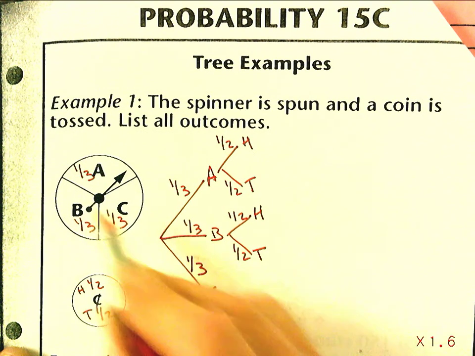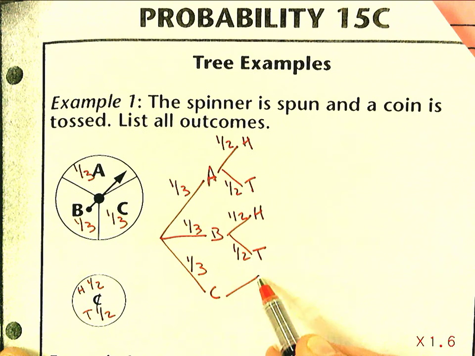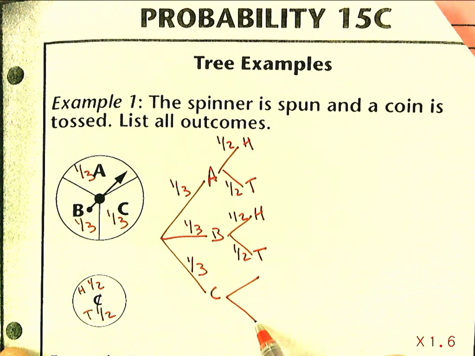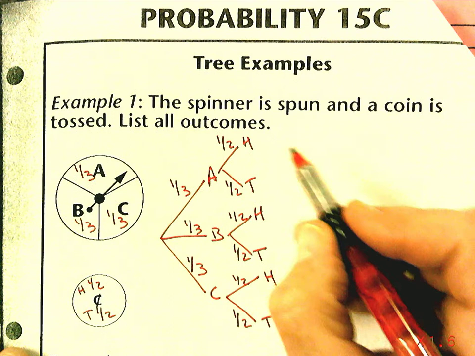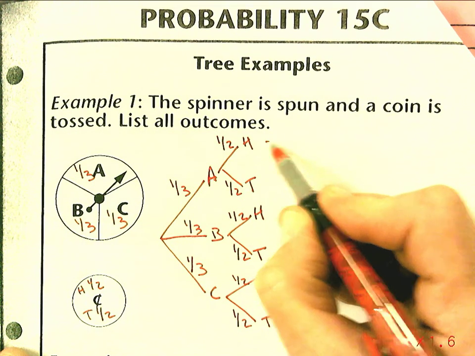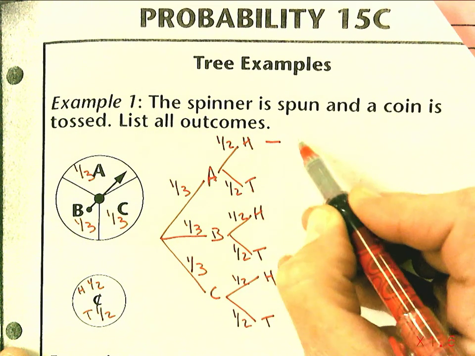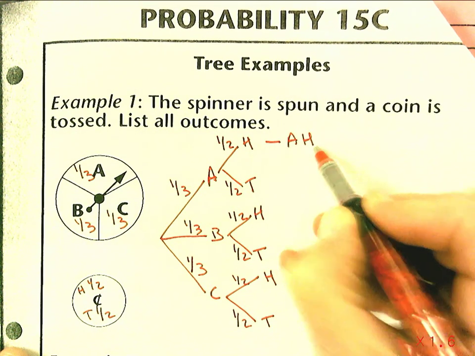And then if I had spun the spinner and gotten a C, and then flipped the coin, again, I could get a heads or a tails. And half the time heads, half the time tails. And then now this tree diagram allows me to just list all the different possible outcomes. I could have got the A and a heads.